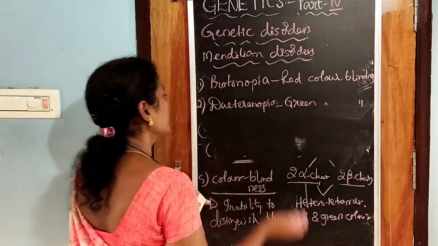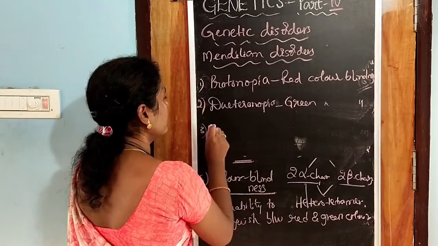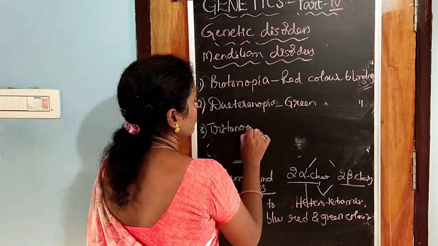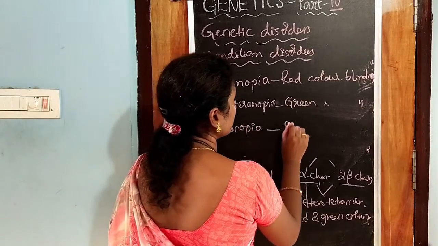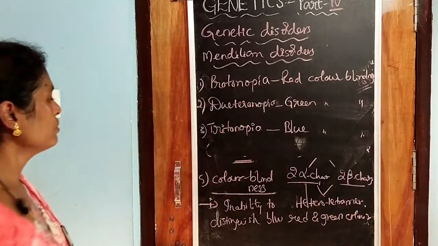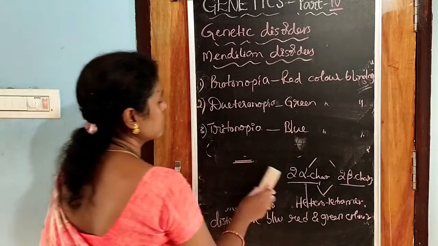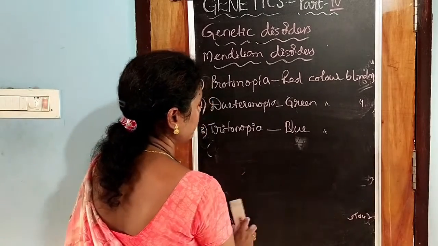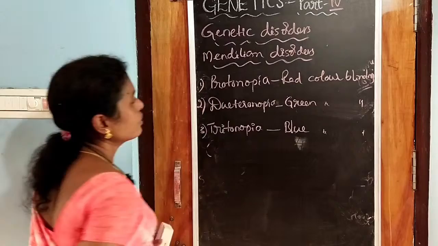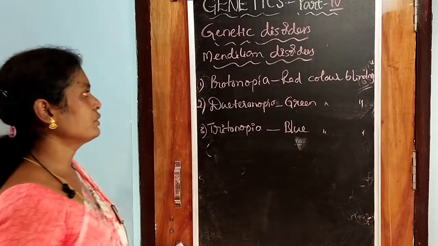One more disease is also there, tritanopia, which is a blue color blindness. So color blindness is of three types: the first is protanopia, the second is deuteranopia, and the third is tritanopia.